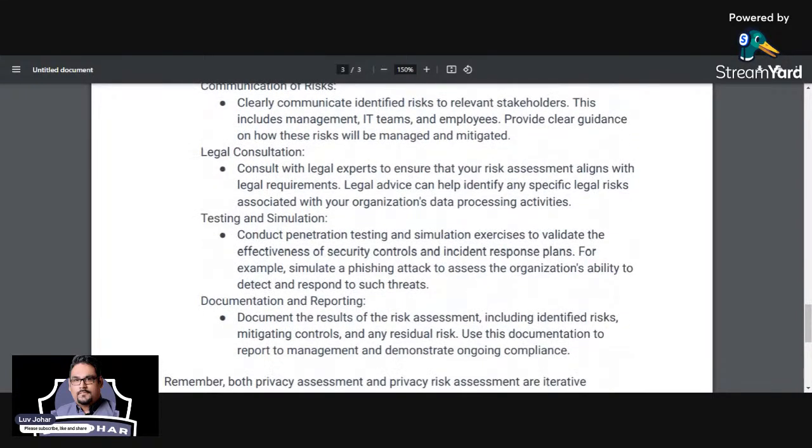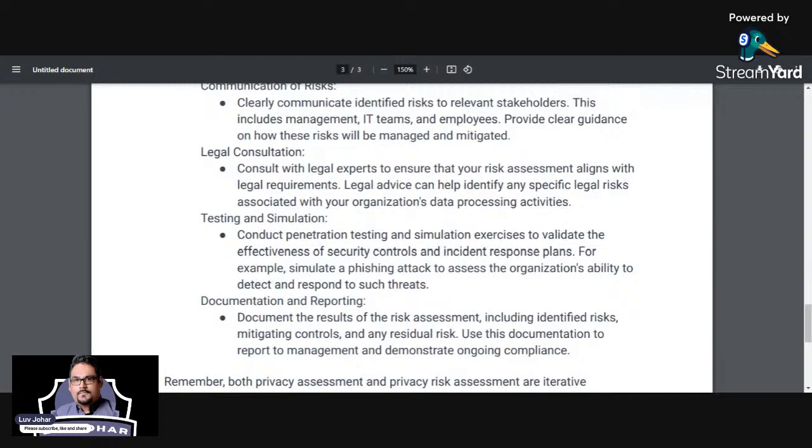A legal consultation also is important in this case, because sometimes we are not sure about certain legalities as we are dealing with personal data. So sometimes we need to get in touch with legal professionals as well, if we are not sure about anything. So that is also important.